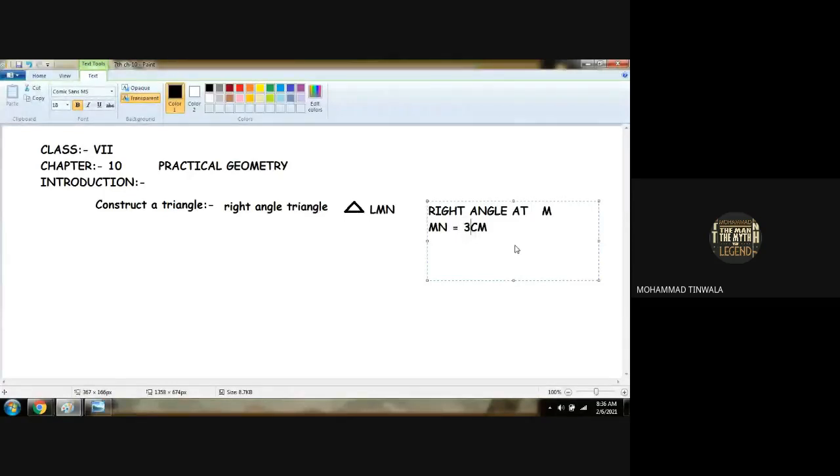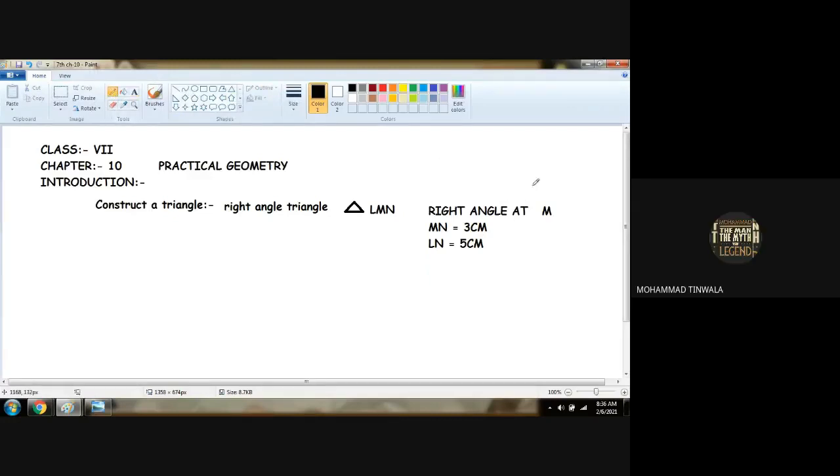And the last, LN. LN is the another side which is given. It should be 5 centimeter. Chalo. આપણે જે constructing two sides one angle કર્યું ને, two sides one angle.